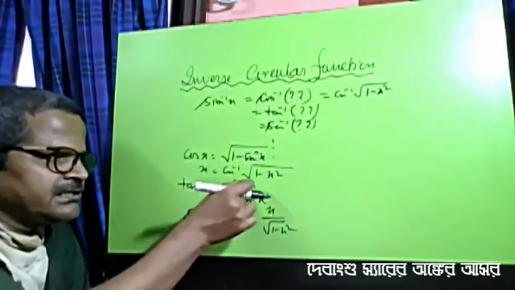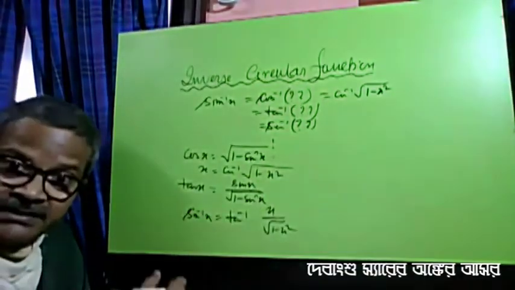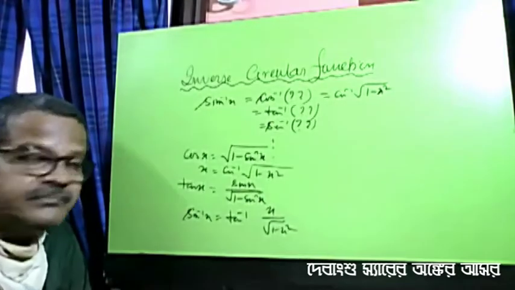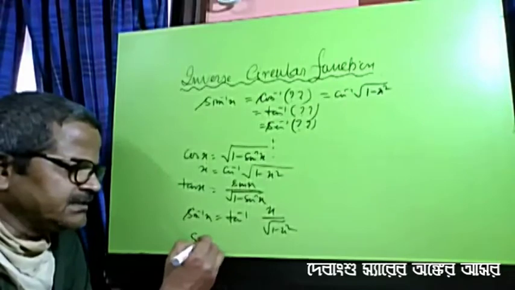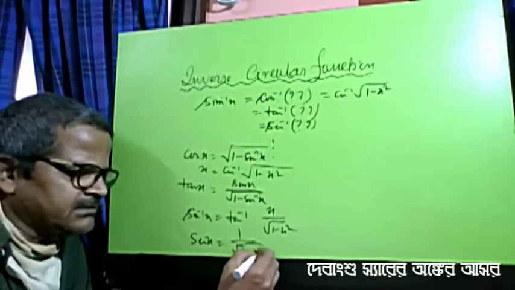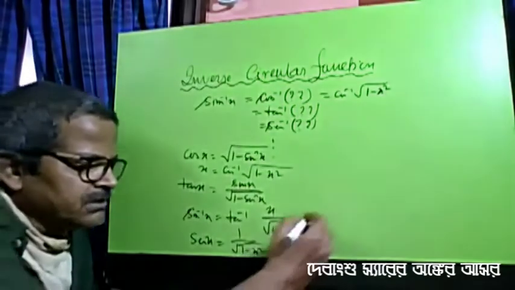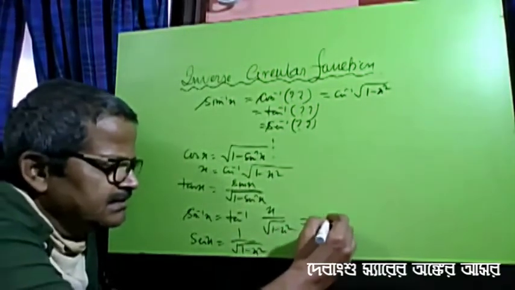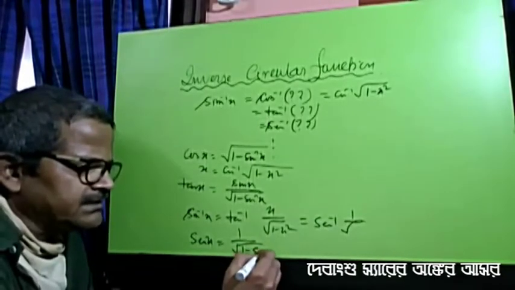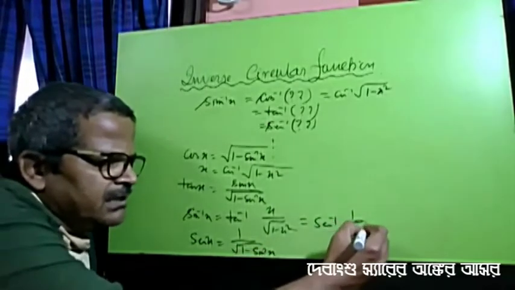Then there is sec inverse x. Sec x is 1 by cos x, that is 1 by root over 1 minus sin square x. So sin inverse x is sec inverse 1 by root over 1 minus x square.